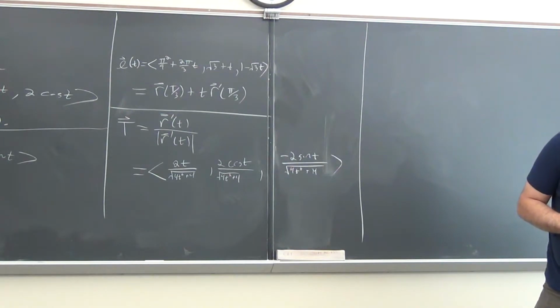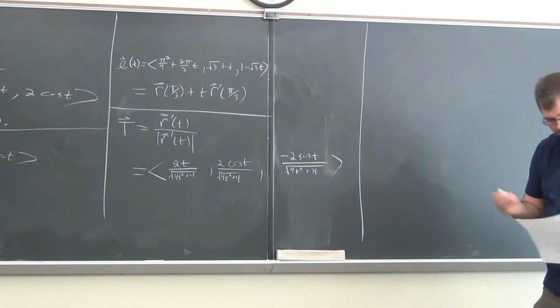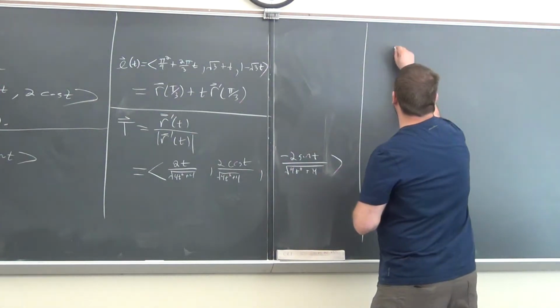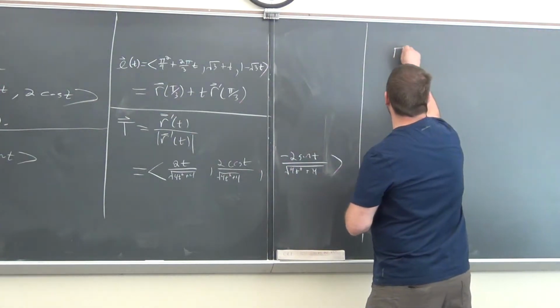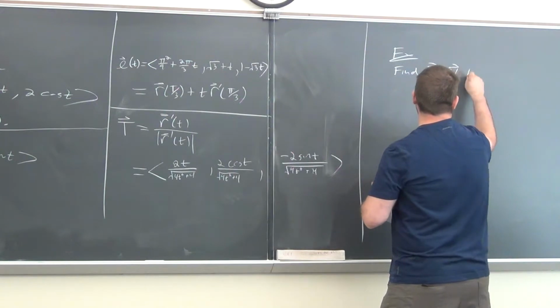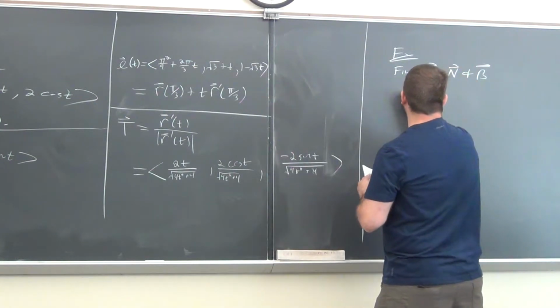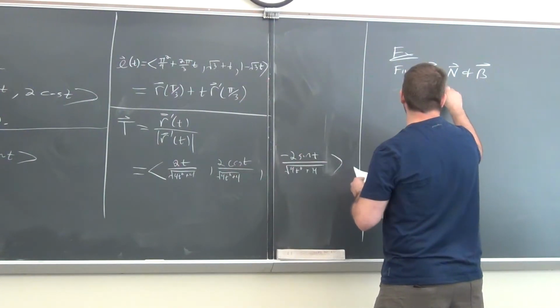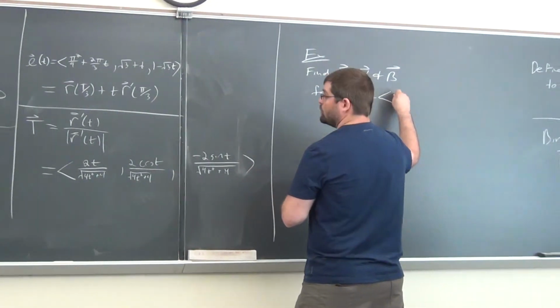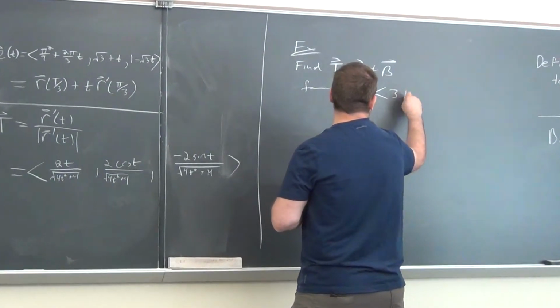So let's calculate T, N, and B with the easier one. Find T, N, and B for, we'll make it almost the same, but we'll get rid of that quadratic.